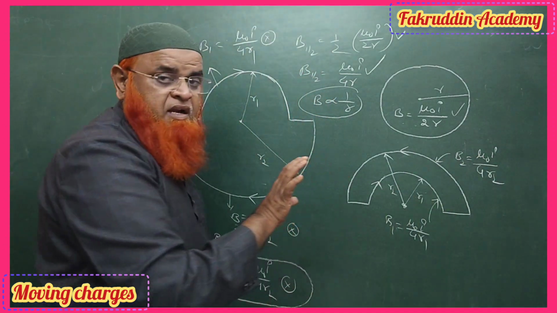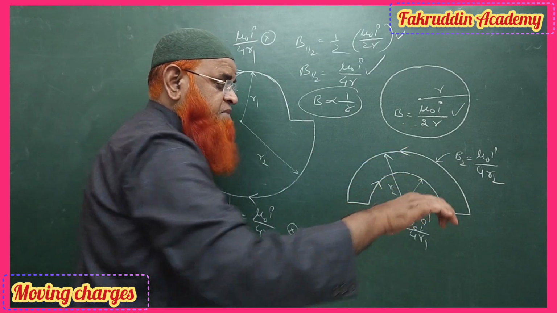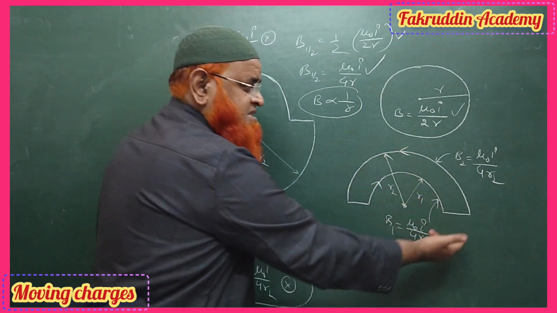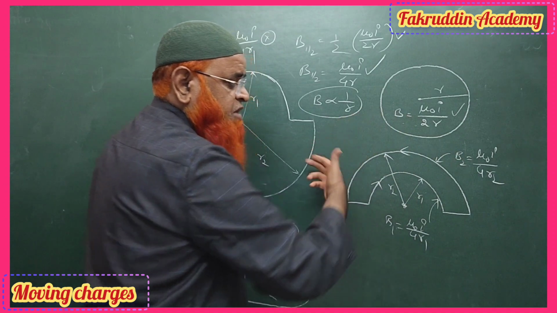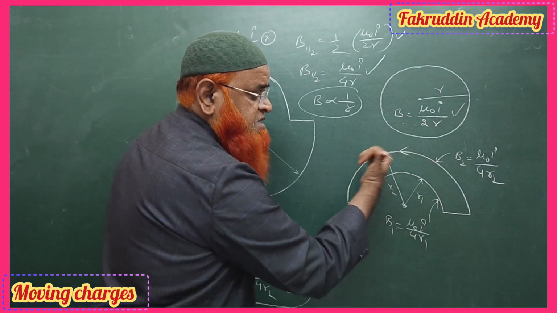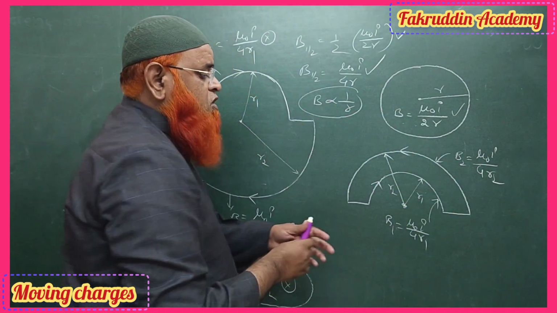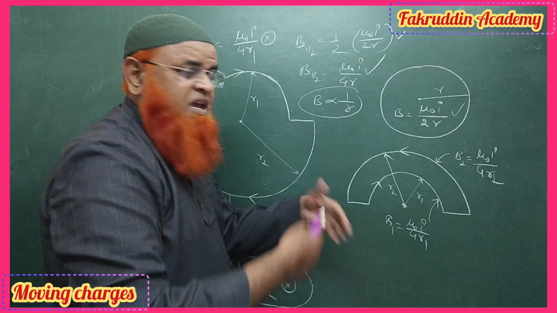For the smaller one, if you observe the current direction with the four fingers, the thumb is into. Whereas in this one, the current is coming in reverse, so if you keep the four fingers in the direction of the current, the thumb is outside. So smaller is inside, larger is outside. This has a lesser radius, so B is more.